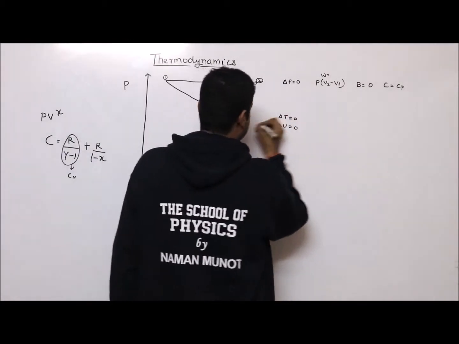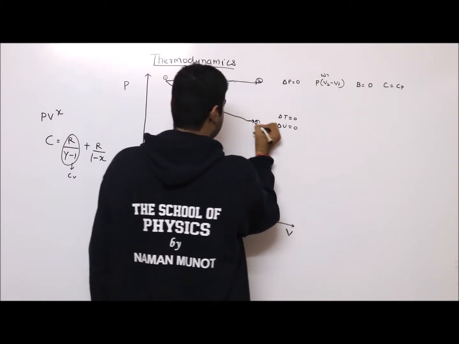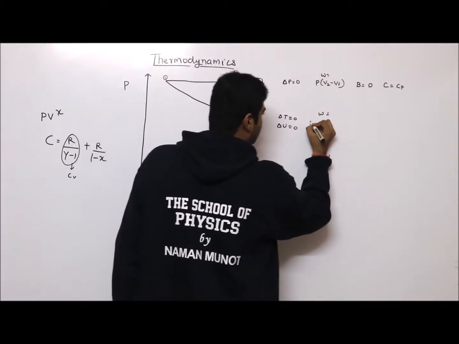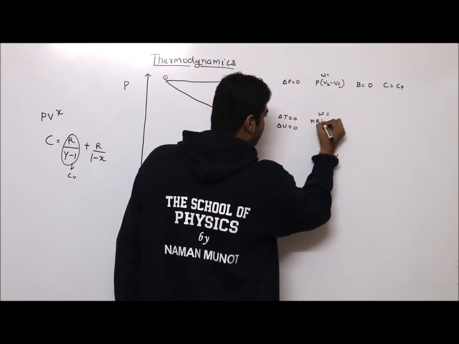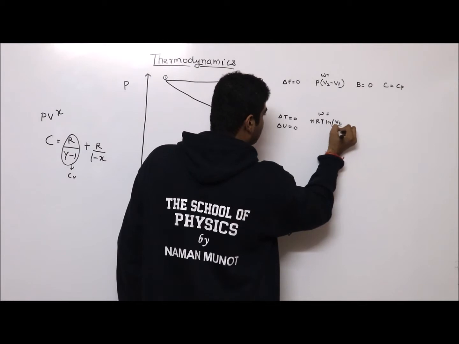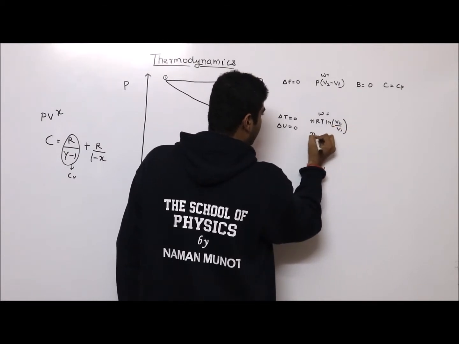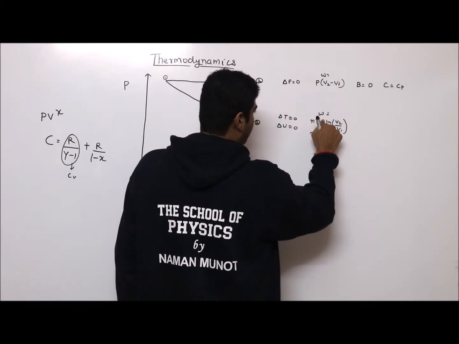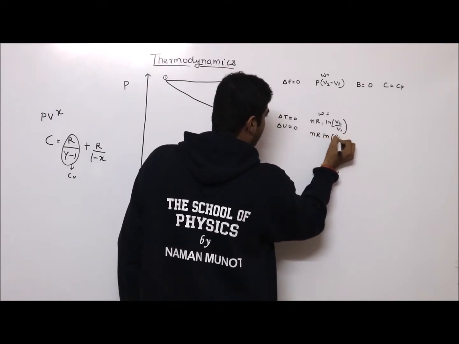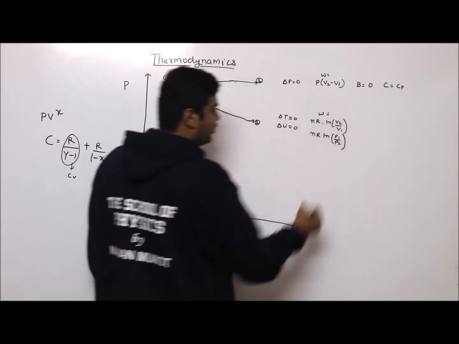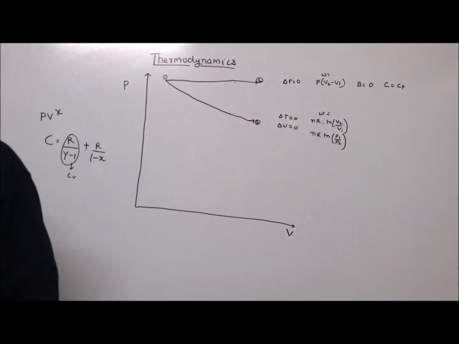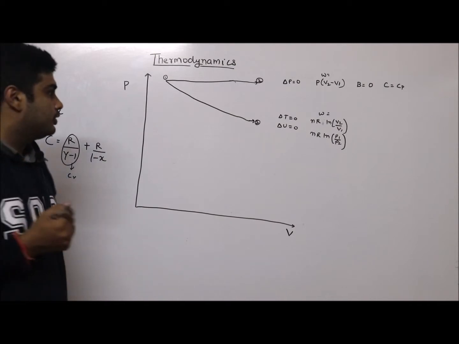So in this case, the formula for work done will be equal to nRT ln V2 by V1, or nRT ln P1 by P2.